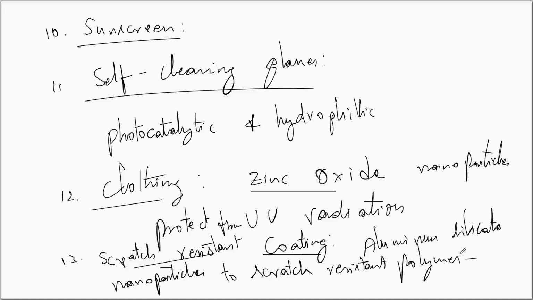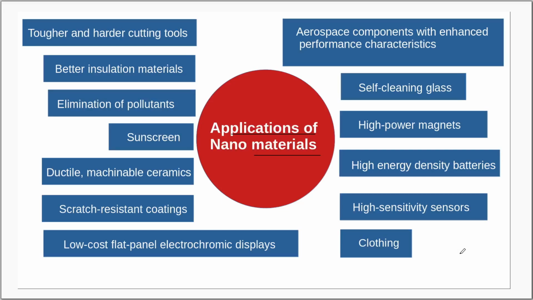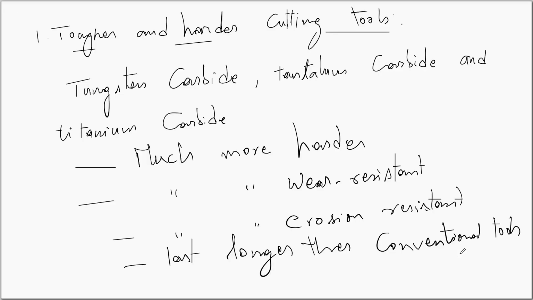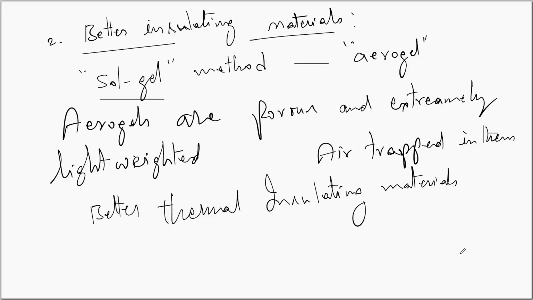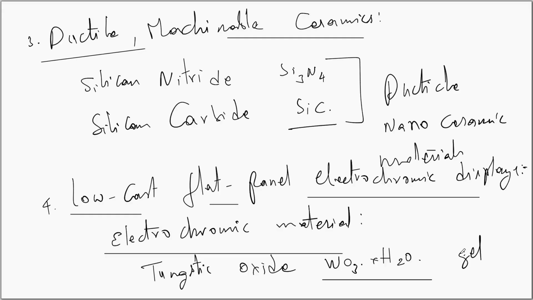developments in nanomaterials. In this video, we have started our discussion with the toughness and hardness of the nanomaterials and how they can be used in cutting tools. After that, we have seen how nanomaterials can be used as thermal insulating materials. We have seen nanomaterial based ceramics that possess both ductile and ceramic properties, and how they can be used in industry.